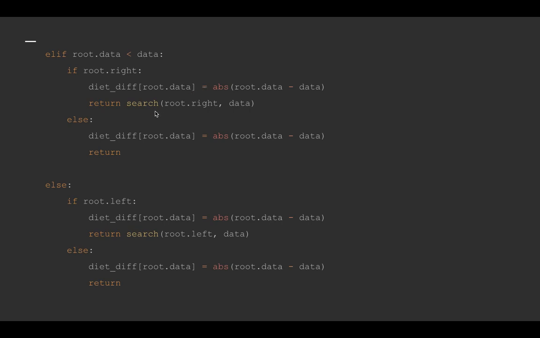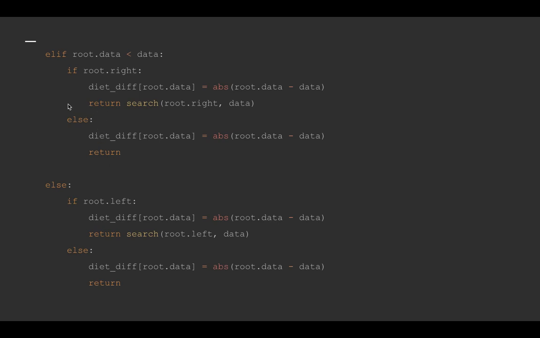And then we will search again in the right subtree of the root recursively, and this procedure will go on and we will have the values stored in our dictionary.